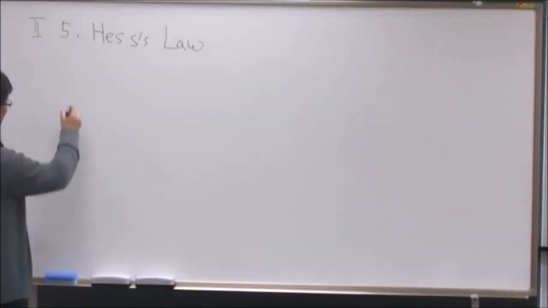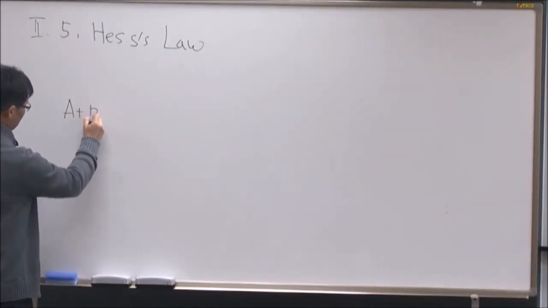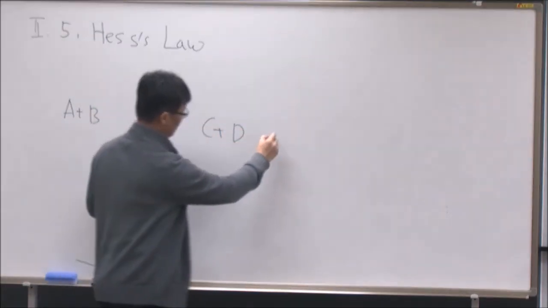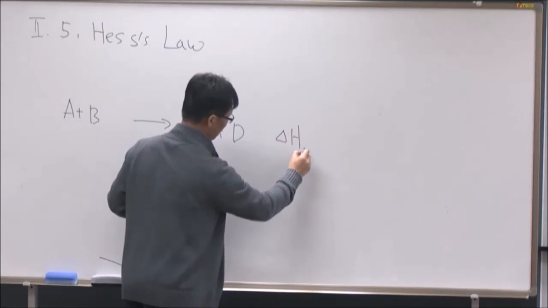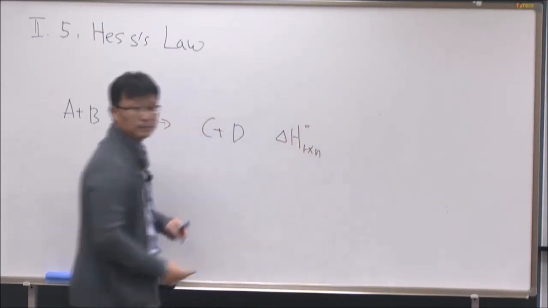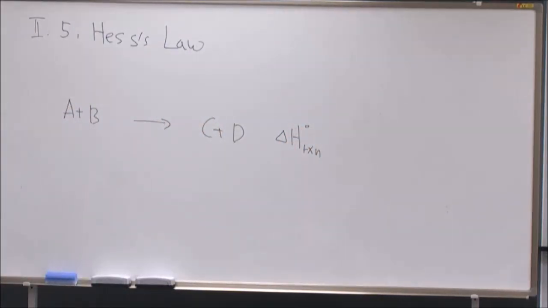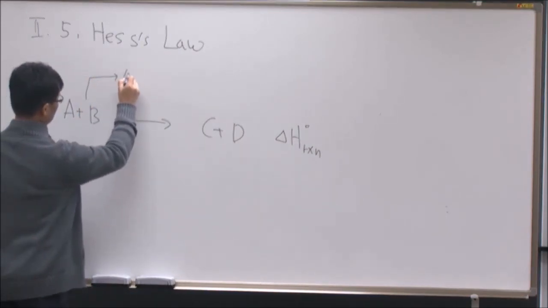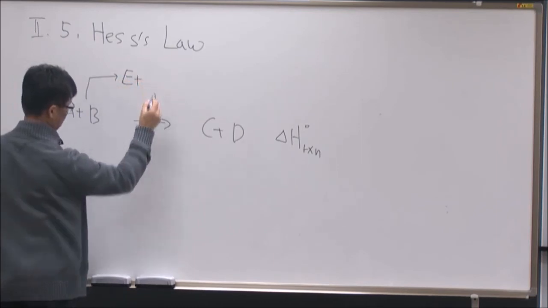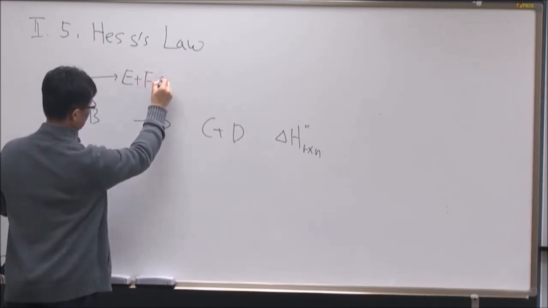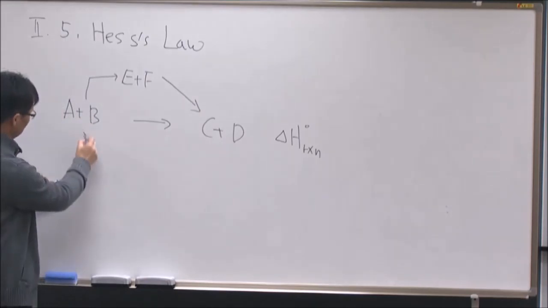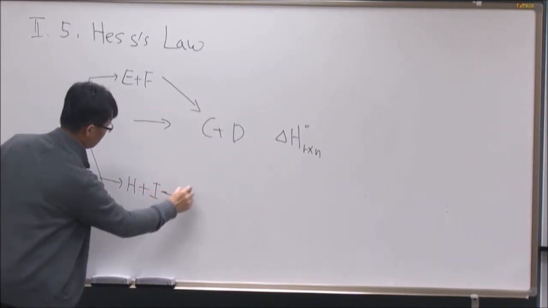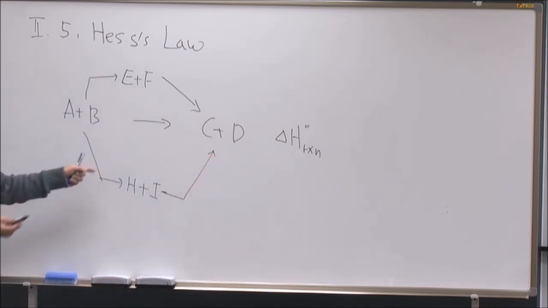Hess's law is basically like this: I have A plus B become, for example, C plus D, and I want to calculate the delta H of reaction. I can go this way, or I can go this way, whatever steps you want to take.